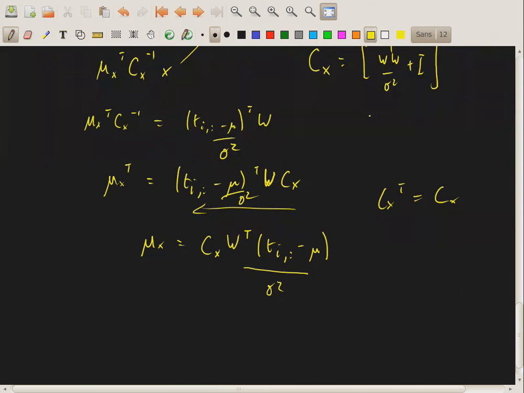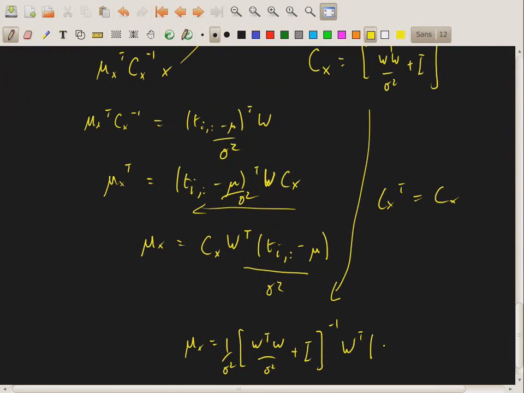So, pulling down this term and writing it out like this, we've got that mu x is W transpose W over sigma squared plus I, minus 1, 1 over sigma squared times the whole thing, t_i minus mu.